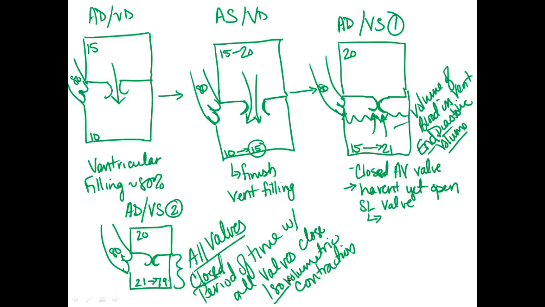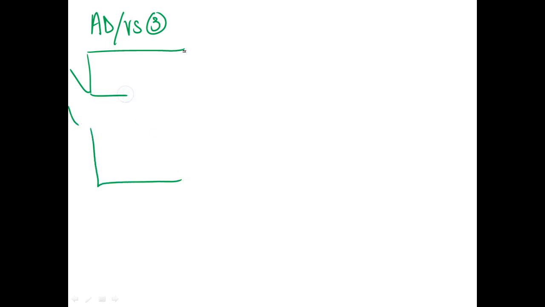Okay, let's go ahead and go on to our final component of atrial diastole ventricular systole, the third step. And again, we're still up here at 20-ish. At this point we now are at 81.